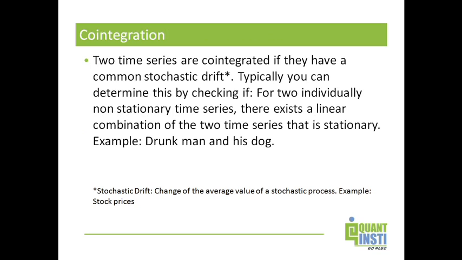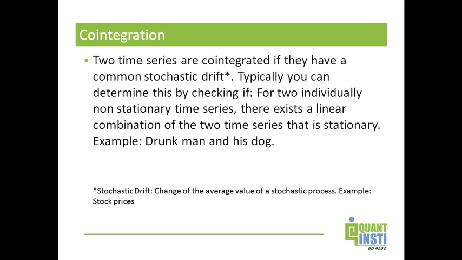For example, say we are doing a coin toss. The probability of a head as well as the probability of a tail is half, so for every new experiment that we do, the stochastic drift would be half in that case.